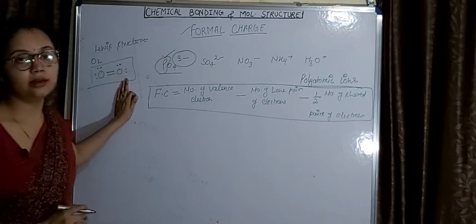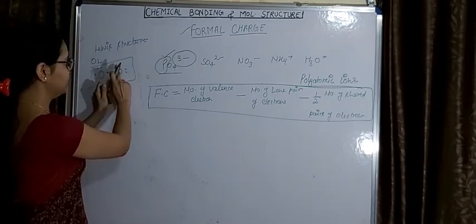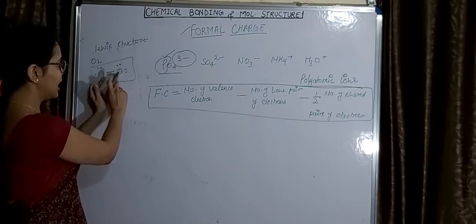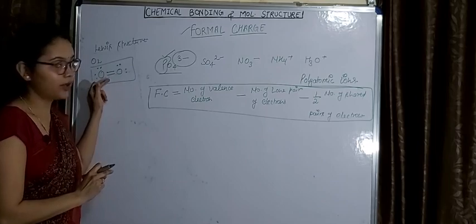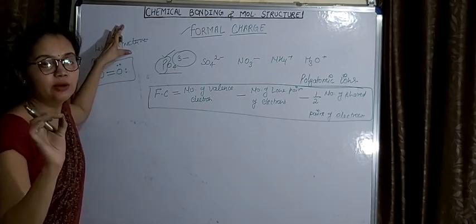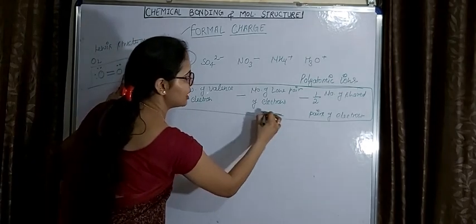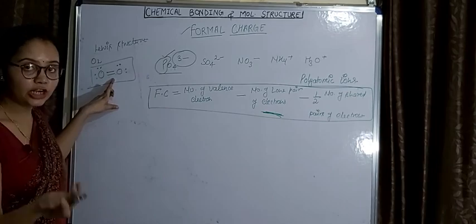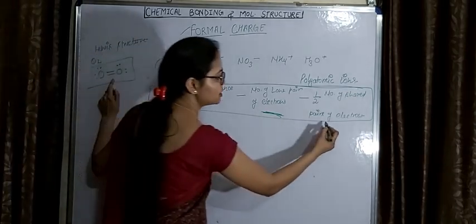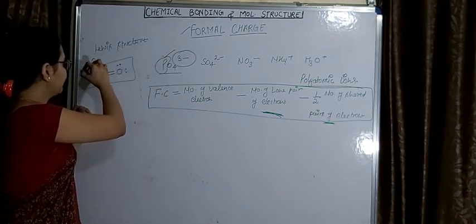Now you can see here that we generally represent lone pair of electrons and bond pair of electrons in Lewis structure, okay? In Lewis structure we represent lone pair of electron, means this, and bond pair of electron, or we can say shared pair of electron, okay, means this.